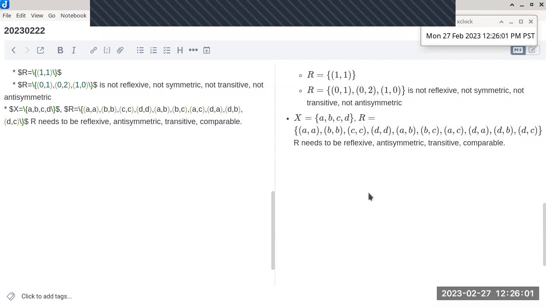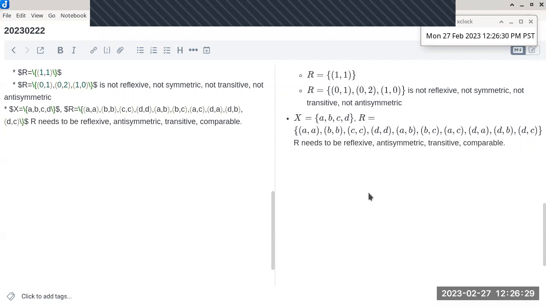So DA, the question is, is there any other way to get from D to A? And the answer is no. We have DB: DA, A also goes to B, and then DB is here, we're good. DA, AB, DB; DB, BC, and then DC is also here, not a problem.